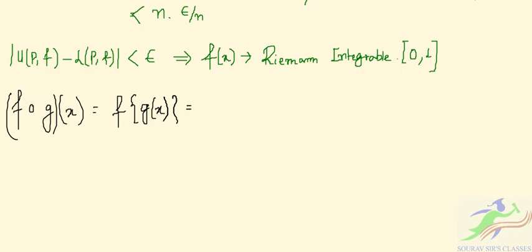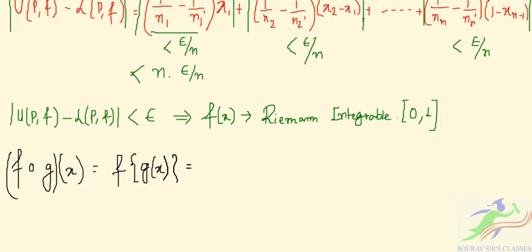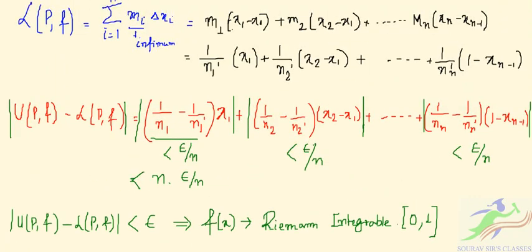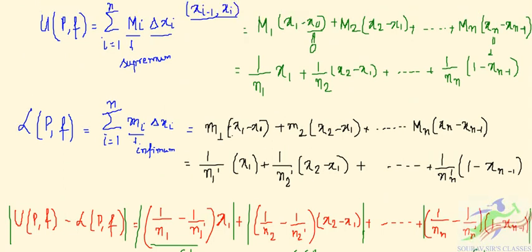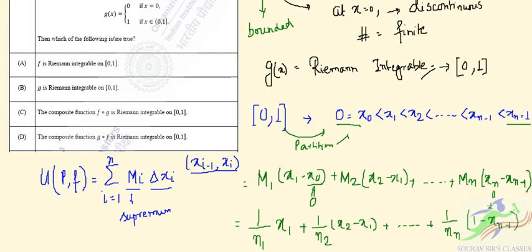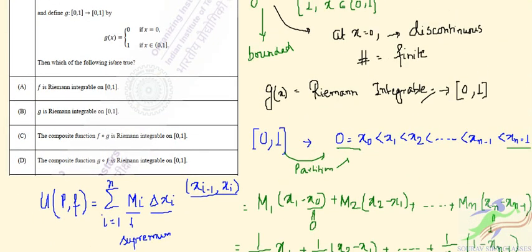So f of g(x). Now see the condition that is given already in the question. So g is 0 when x equals 0, and 1 when x belongs to this semi-closed interval (0,1].